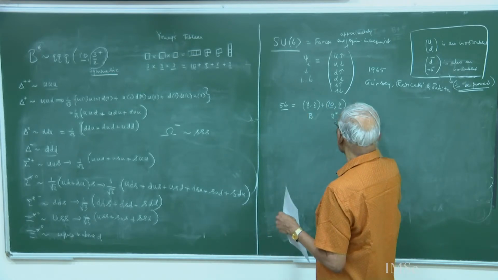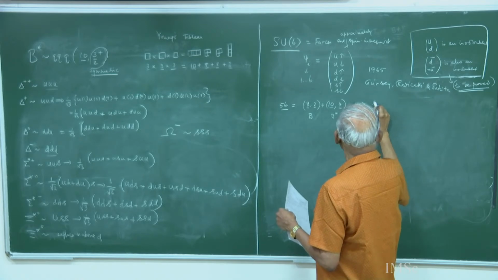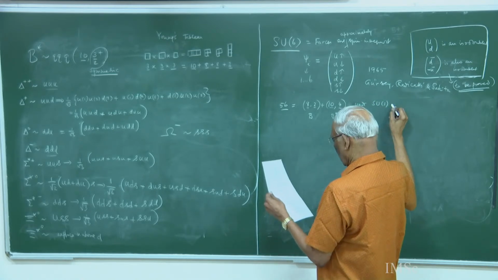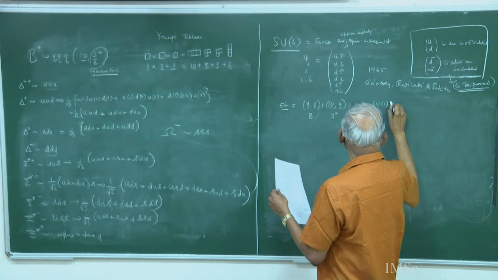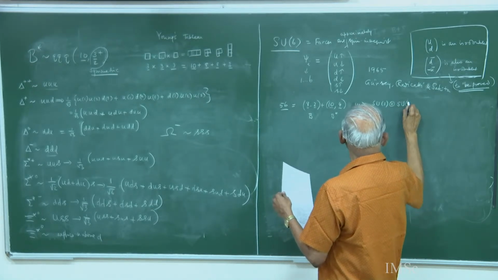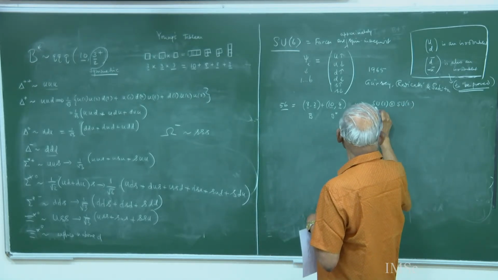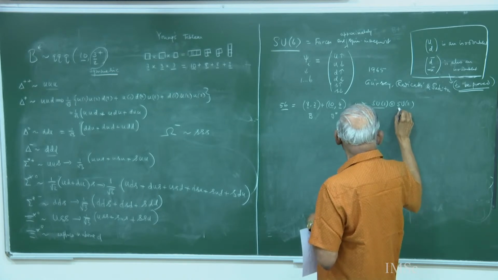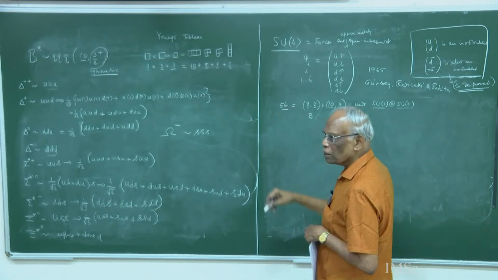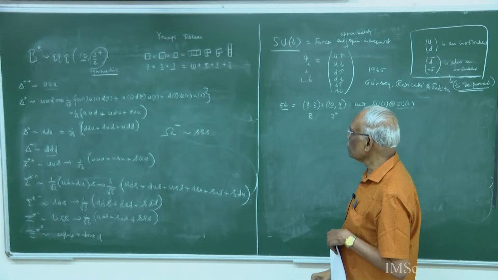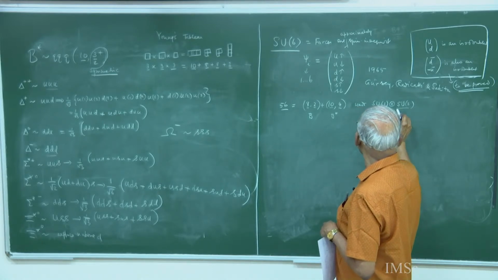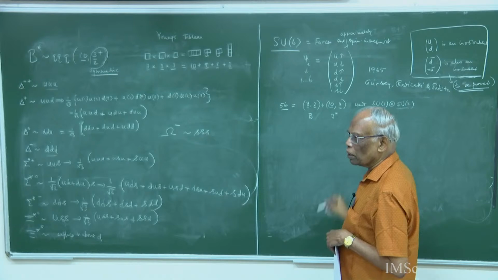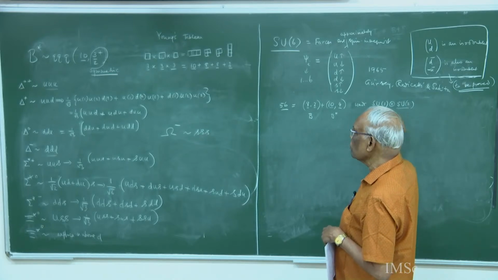So, under SU3 cross SU2, this is the decomposition. This is the internal symmetry, and this is ordinary spin, the same spin which started with the electron spin. So, we are combining; this is called a dynamical symmetry, because now the real dynamical spin also is included.